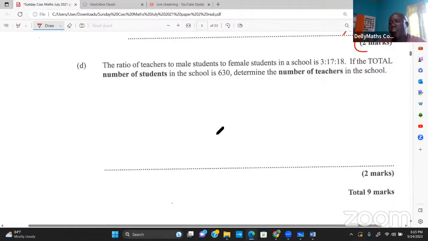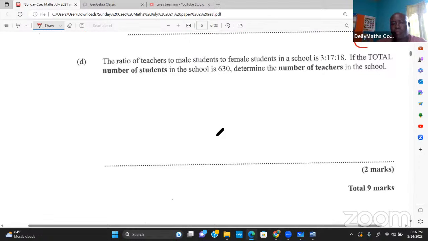All right, let's take a look at this ratio question here. The ratio of teachers to male students to female students. Pay attention. The ratio of teachers to male to female is given as 3 to 17 to 18. If the total number of students, and this is a very tricky one if you're not looking.